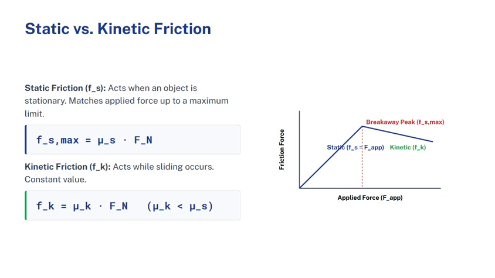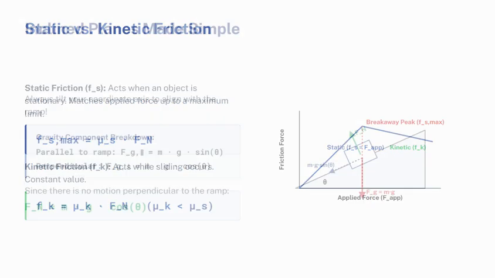The force of friction is equal to the coefficient of friction times the normal force. Kinetic friction acts when sliding. And here's the applied force. You can look at this.